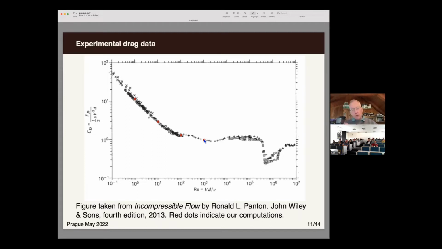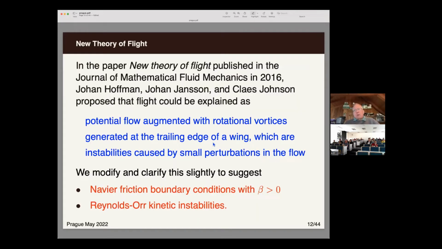Even at Reynolds number 1,000, I would say we have to be careful about what sort of turbulence or instabilities we're talking about, and what sort of averaging we should be doing. Okay, but up to that point, we match the experimental data remarkably well. So that puts D'Alembert's paradox to rest. He just didn't know about boundary conditions properly.